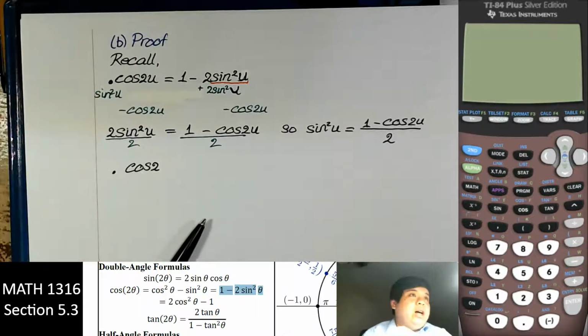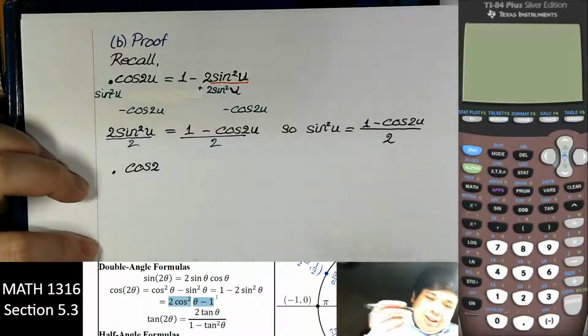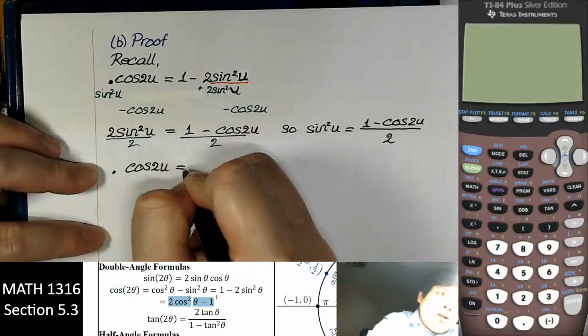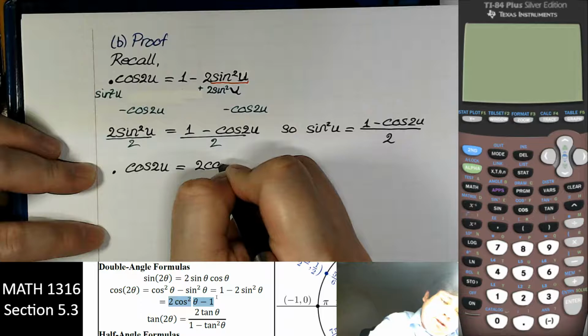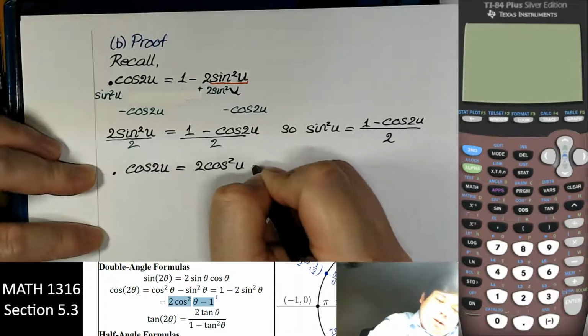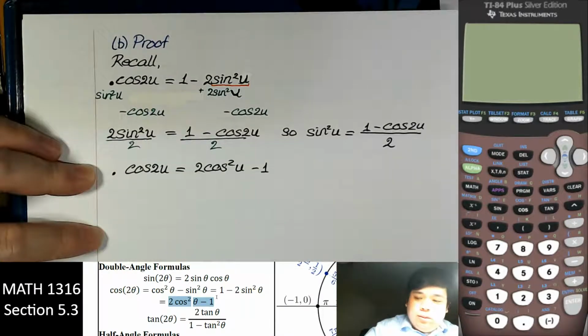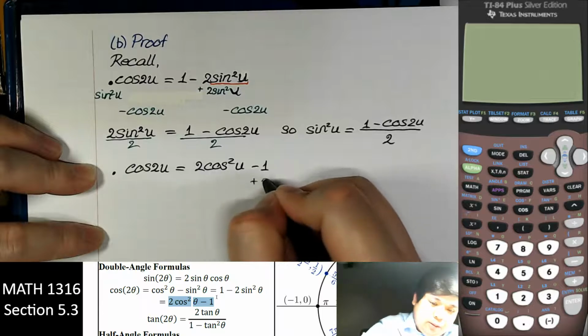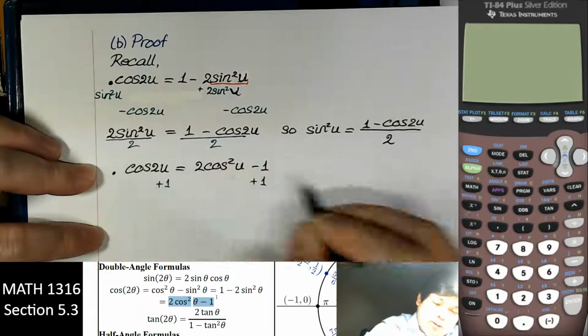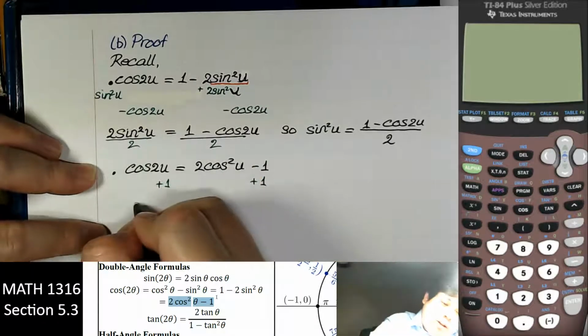Now if we want cosine square, we can use this part of the formula. Add that on both sides.